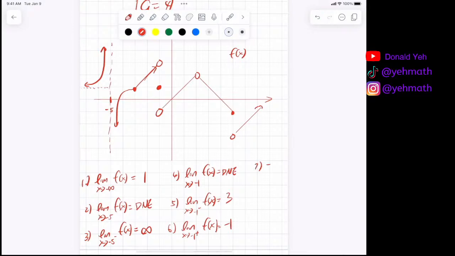The 7th question is, what is f of -1? Tanisha, what's f of negative 1? Make up your mind.